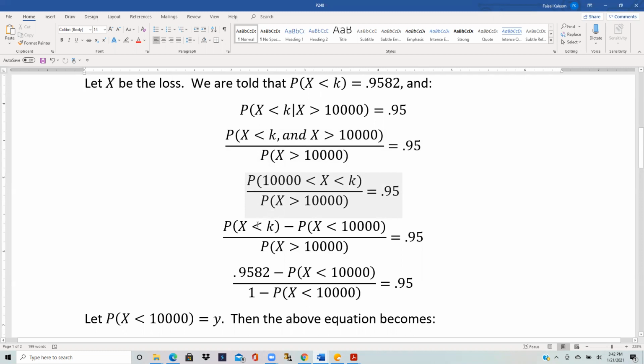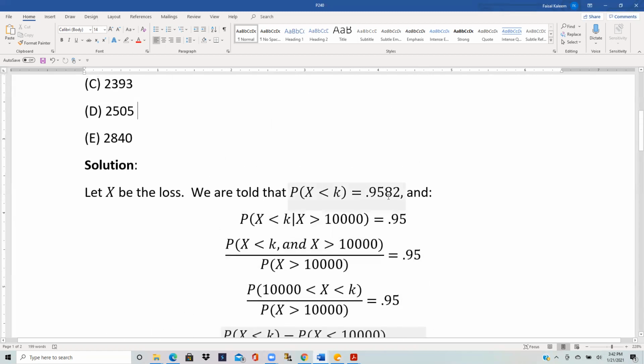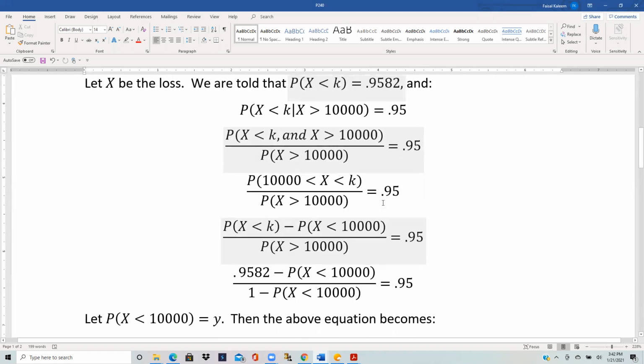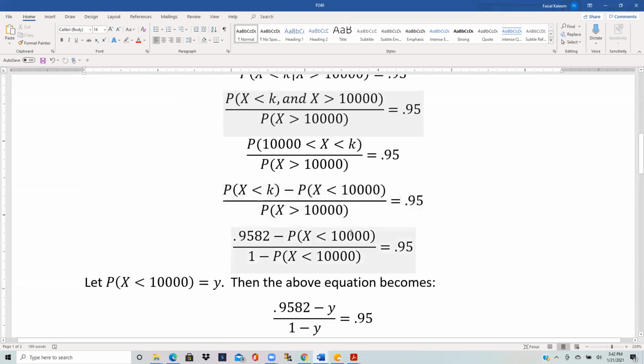And probability X less than K is given to us. That was the first thing that was given. That was 0.9582, this one. Minus probability X less than 10,000. And the denominator can be written as 1 minus probability X less than or equal to 10,000. But you know that less than and less than or equal to are the same in continuous distributions, which this one is. This is normal.